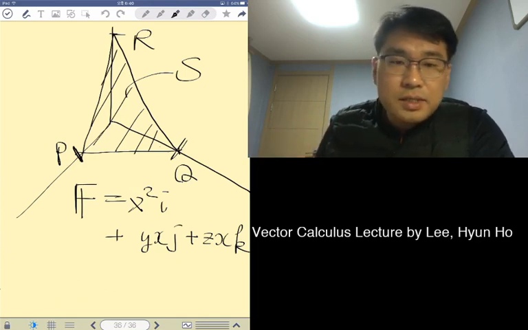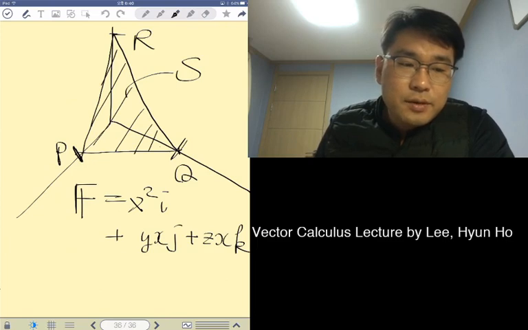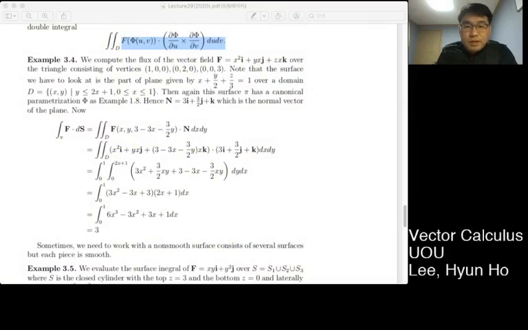So g is equal to 3 minus 3x minus 3 over 2 y, right?